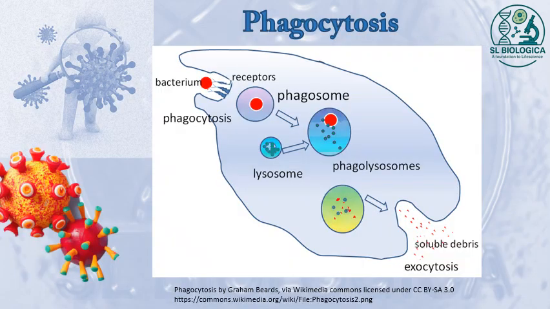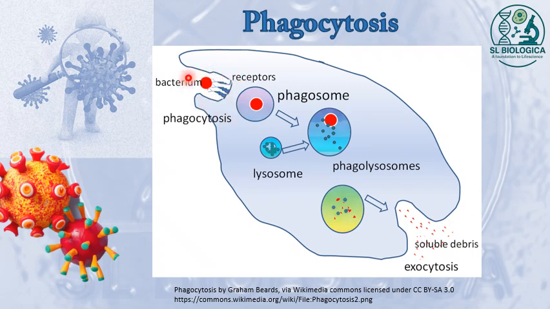So here is a pictorial representation of the phagocytic events. Here we have the bacteria, which is interacting with the surface receptors of the antigen presenting cell, I mean the phagocytic cell. So here you can see the receptors.